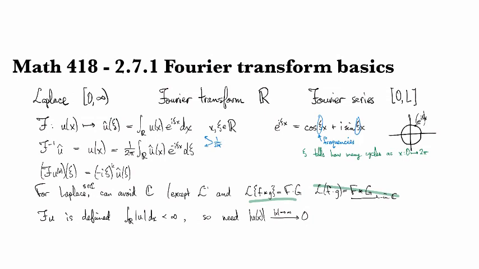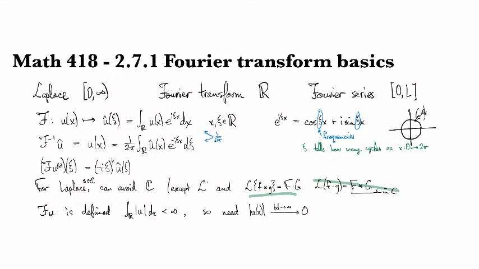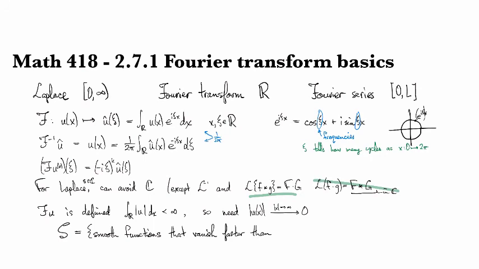Most of the time we talk about a particular class of functions that's nice: the Schwartz class, that's what the S is for. It refers to smooth functions that vanish faster than anything of the form 1 over x to the power n.